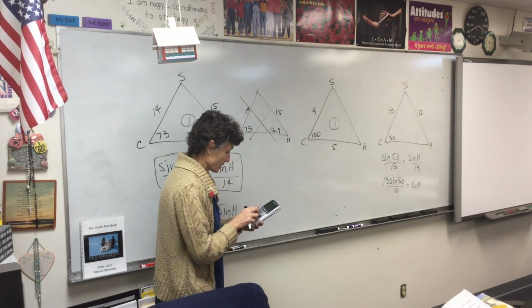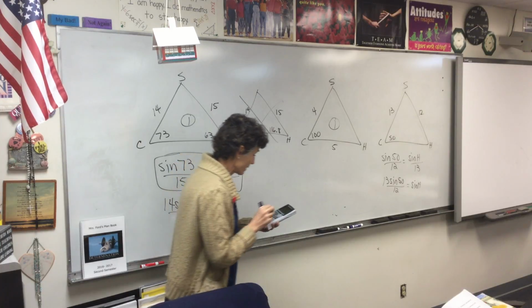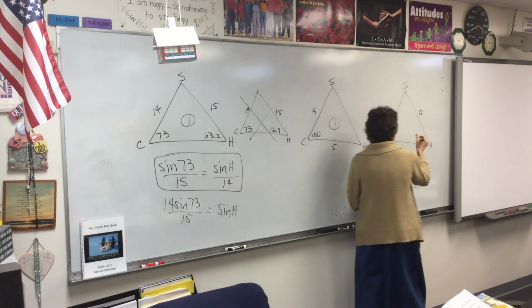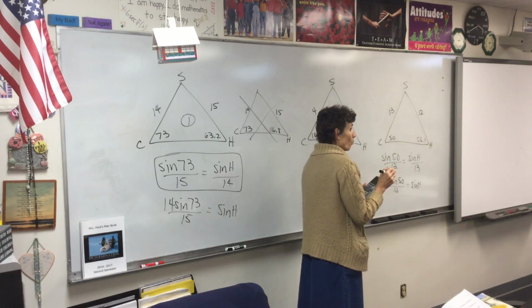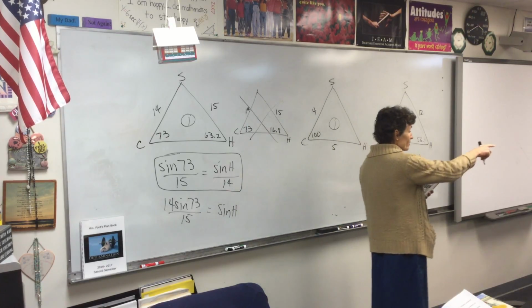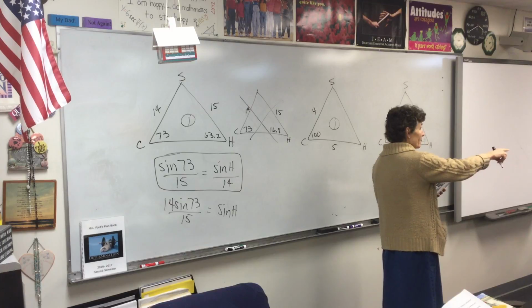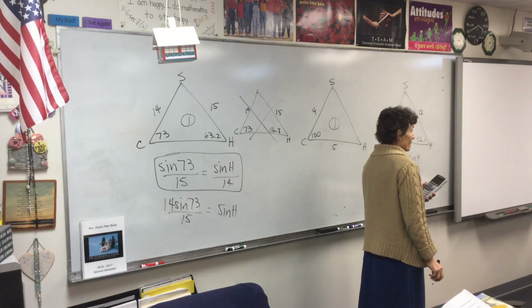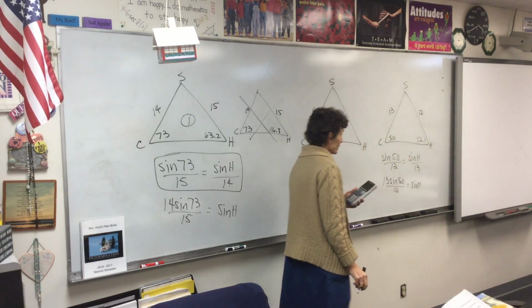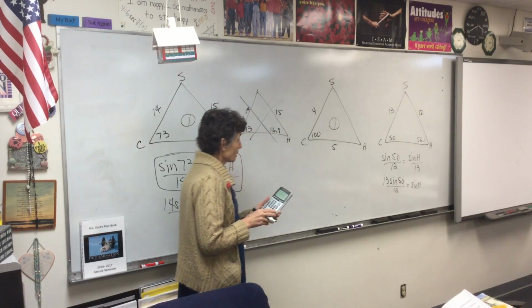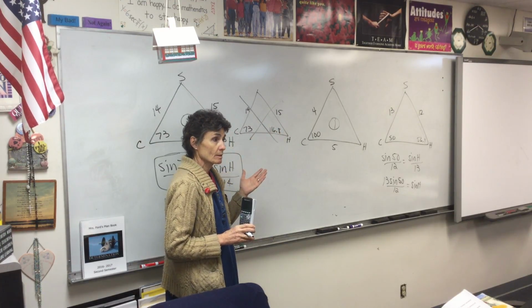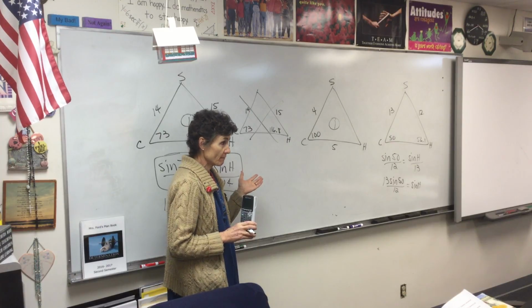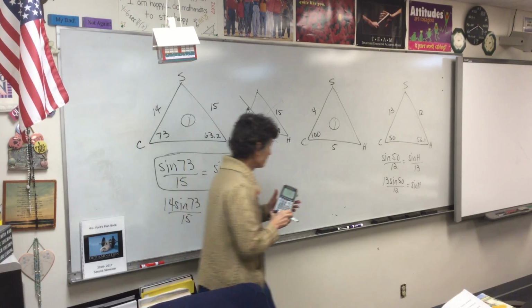All right, so what'd you get for your angle? 56.1. Now, what does that mean? Okay, there's a box right in here by the book. What does that mean? I need to check to see if there is a second one.